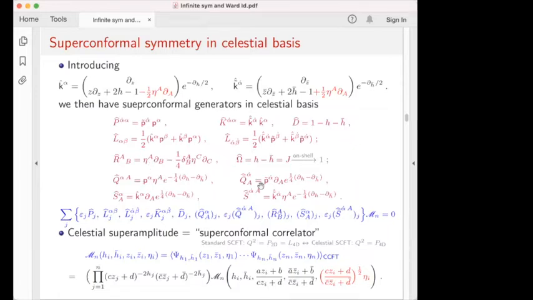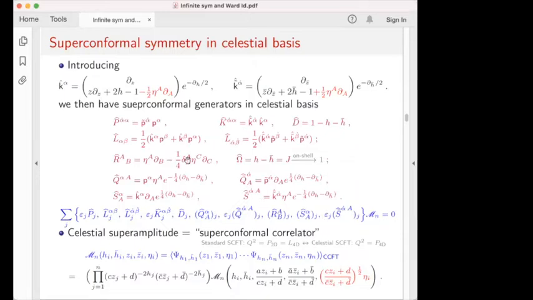We also take different combinations of P and K hat with these Grassmann variables, so we can form the supersymmetry generators. So these are the very explicit structures of the superconformal generators. Then they can act on this celestial super amplitude, and the result should be 0. This is just the superconformal Ward identities in the celestial basis.